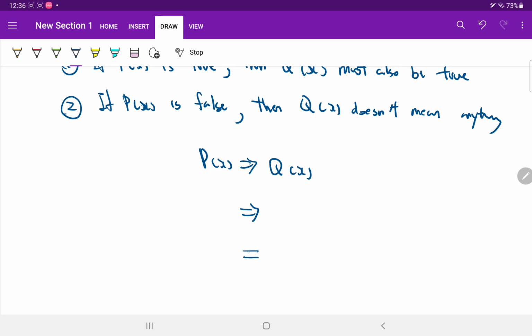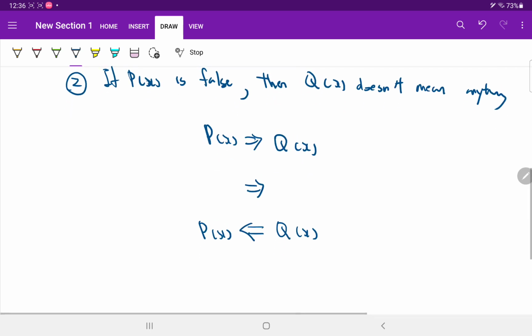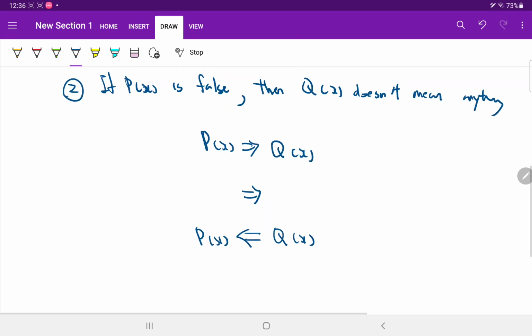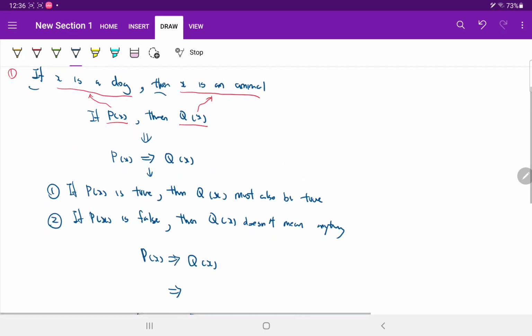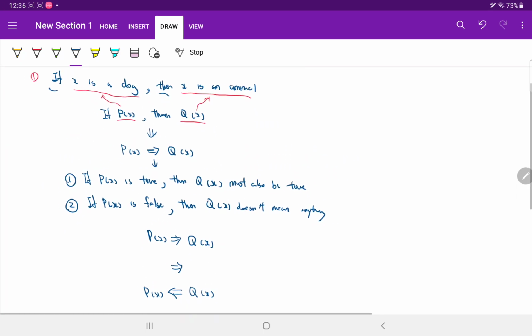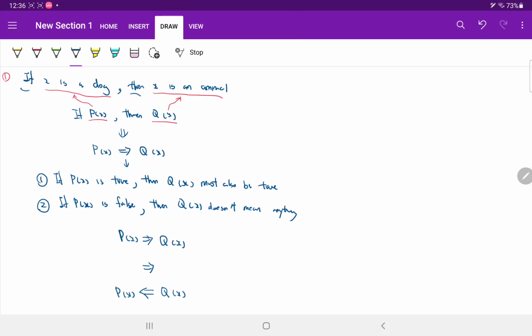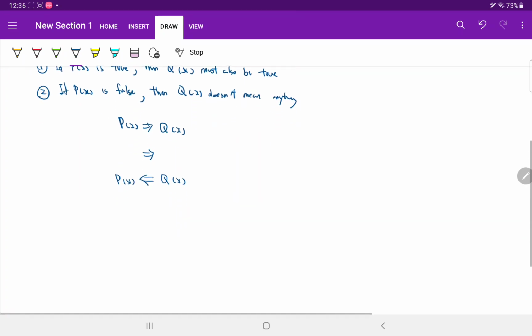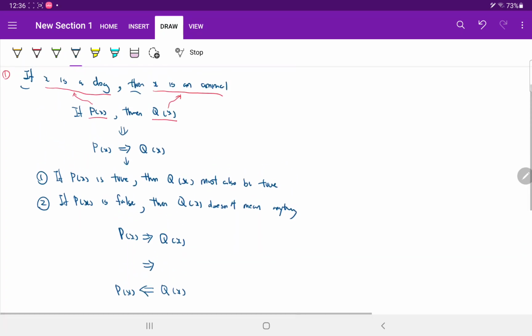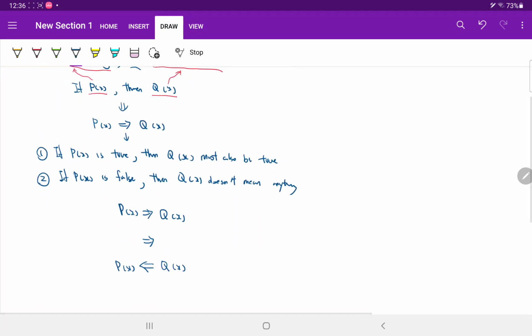There's also the opposite sign. If we write it as px, the opposite arrow of qx, what it means is that qx implies px must be true. But in this case, it's not going to work, because our px statement is if x is a dog, and our qx statement is x is an animal, and if we write it with the opposite arrow, it switches the order.